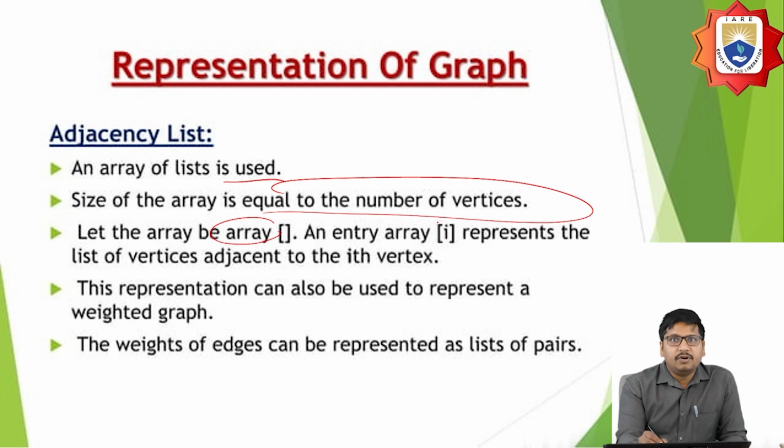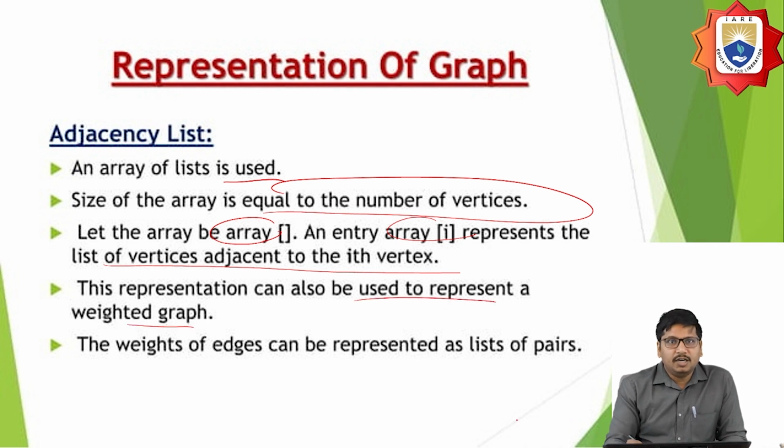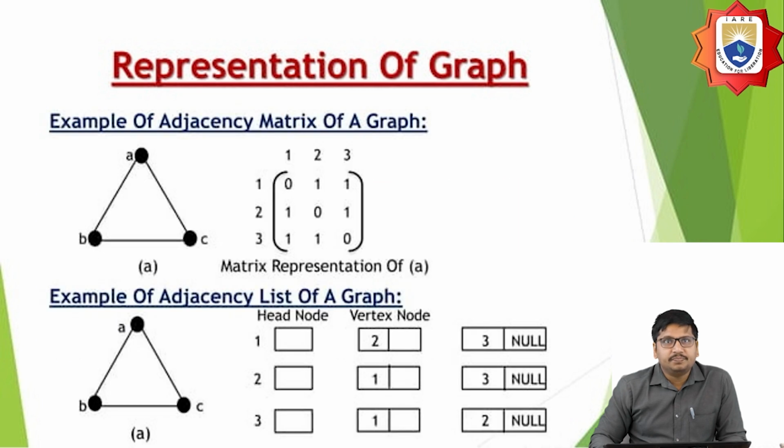The entry of array I represents the list of vertices adjacent to vertex I. This is the representation used for a weighted graph, and the weights of edges can be represented as a list of pairs.